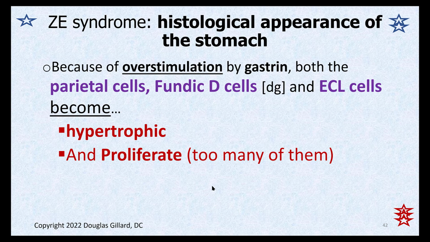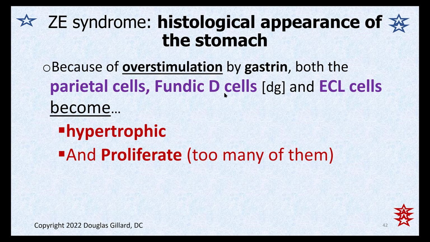So what do you think the cells are going to look like? What cells are affected by gastrin? Well, parietal cells for sure get hit by gastrin. There are receptors there. And the ECL cells, the fundic cells, the fundic D cells. They all are exercising all the time, so they're going to get big.